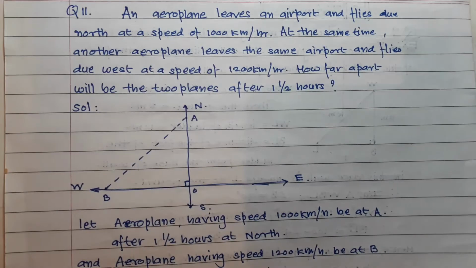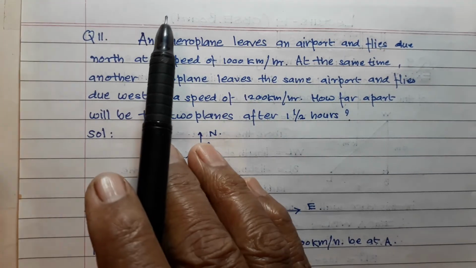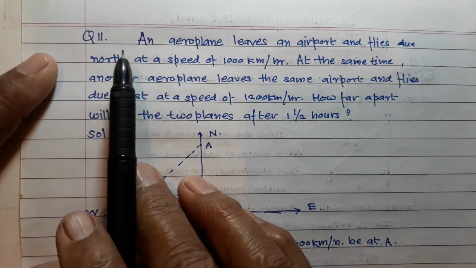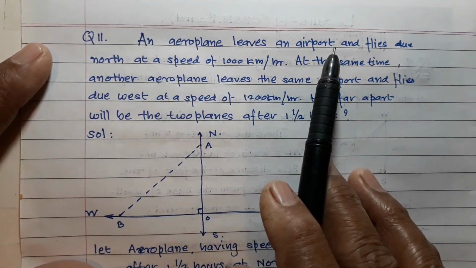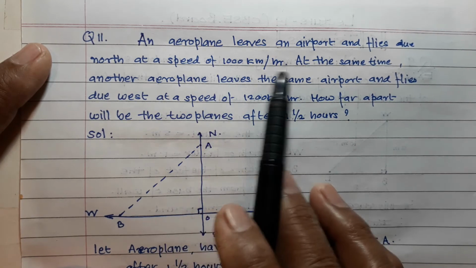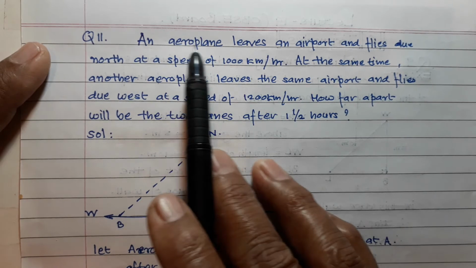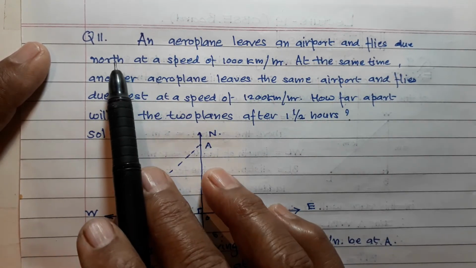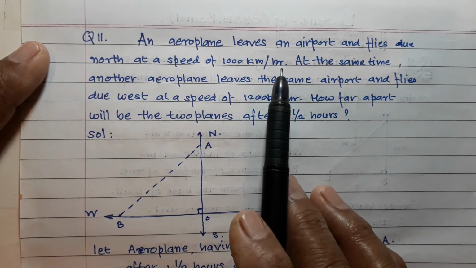Question number 11. Now, these type of questions are important because in this question, actual sides are not given, speeds are given, and you have to find distance using speed and time. An aeroplane leaves an airport and flies due north at a speed of 1000 km per hour.